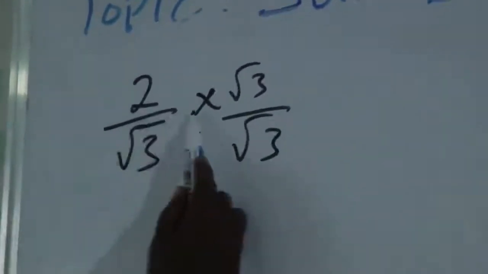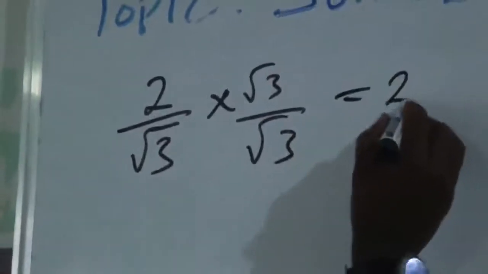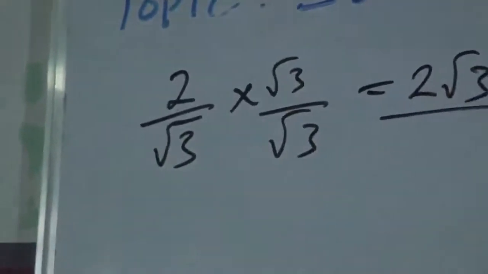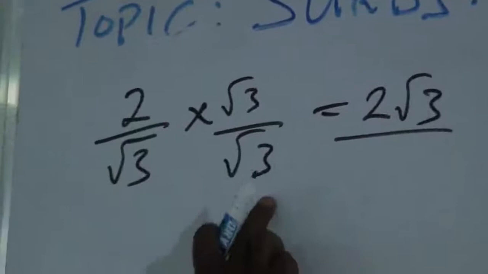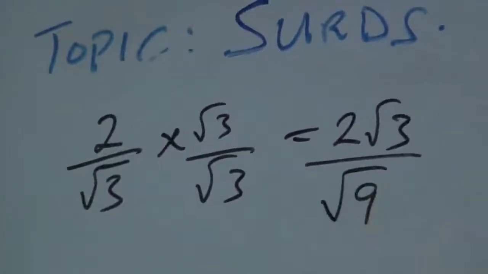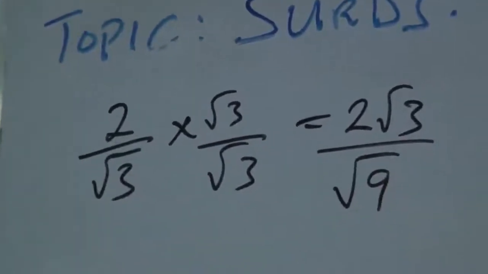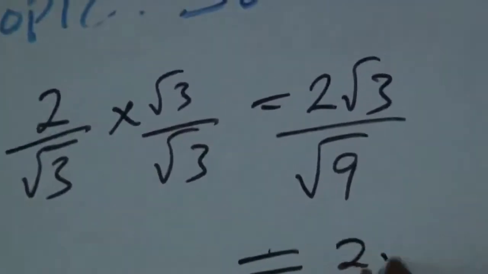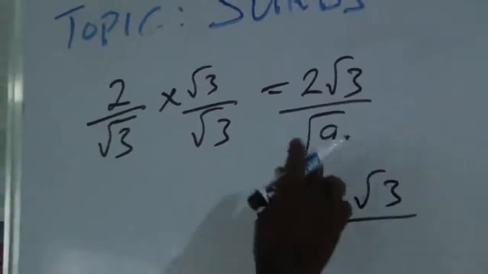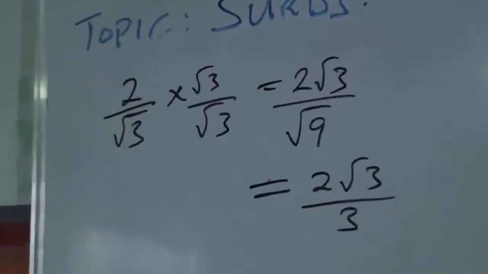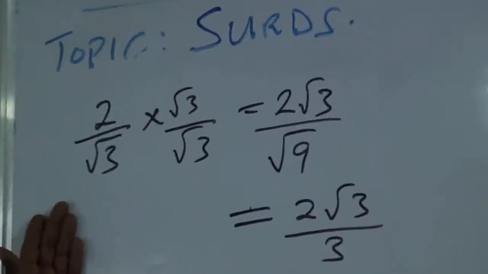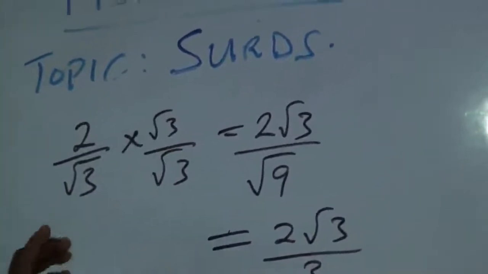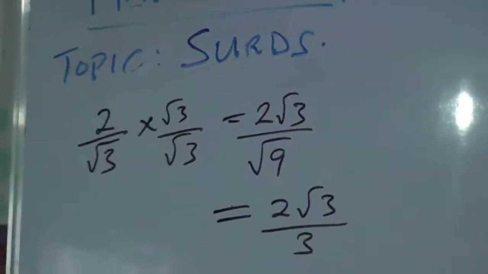So 2 times 3 will give us 2 to 3. And then root 3 times root 3 will give us root 9. Right? And of course, 9 is a perfect square. So we are going to have 2 root 3, and the root of 9 is 3. So we have just rationalized this. Okay? To rationalize means you do away with the root in the denominator.